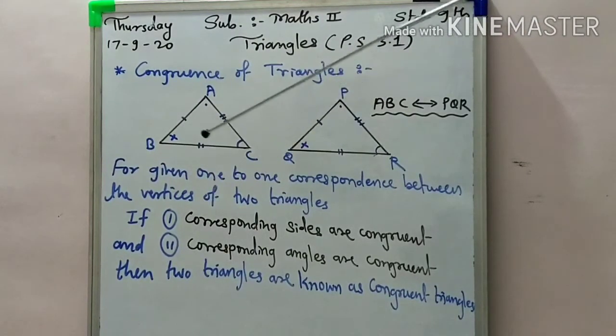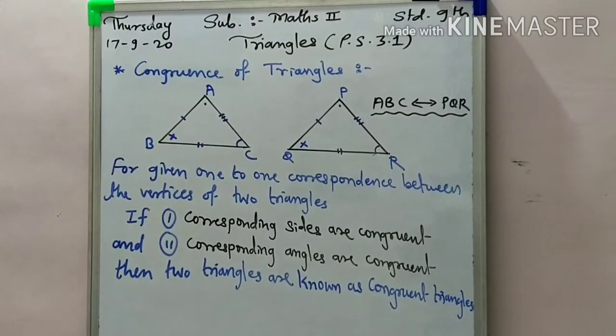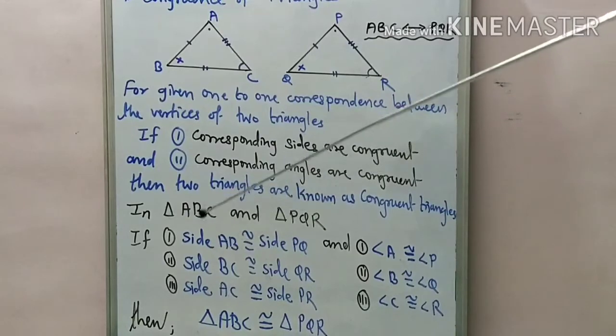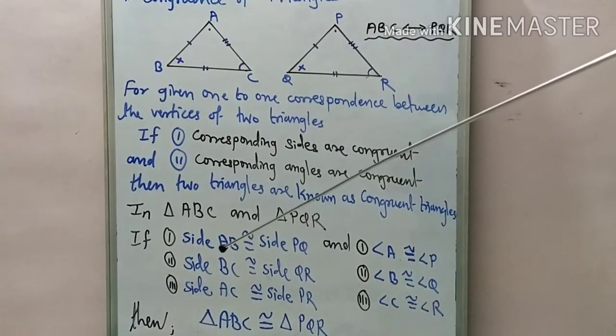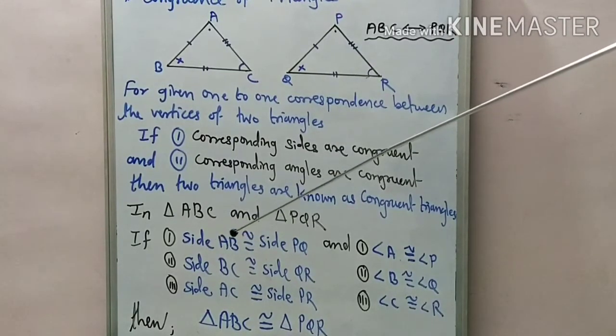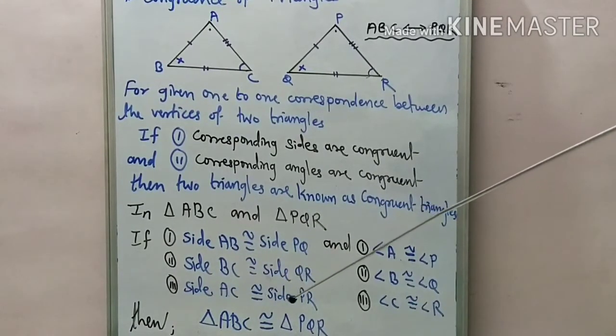Now, for triangle ABC and triangle PQR, how do we write it down? Pay attention over here, students. We mention that in triangle ABC and triangle PQR the corresponding sides are congruent: side AB is congruent with side PQ, side BC is congruent with side QR, and side AC is congruent with side PR.